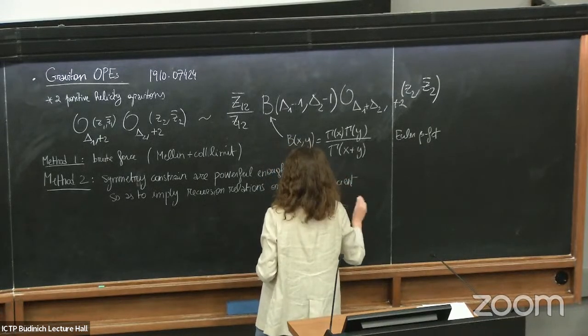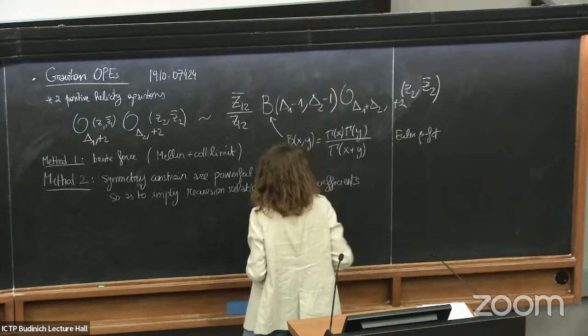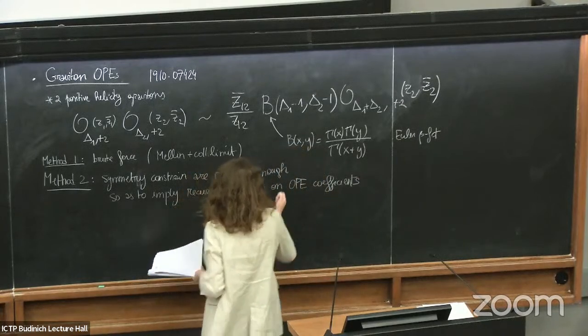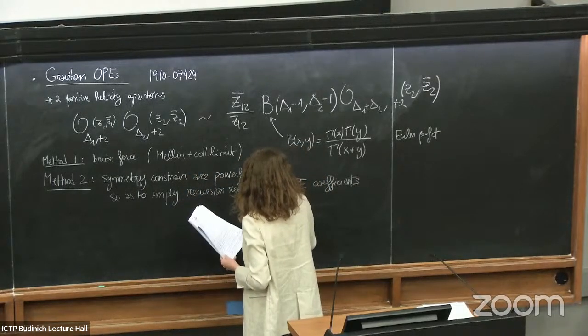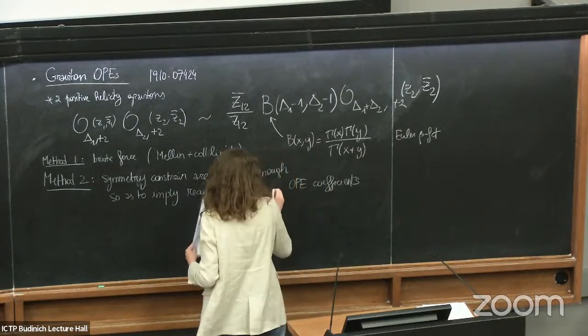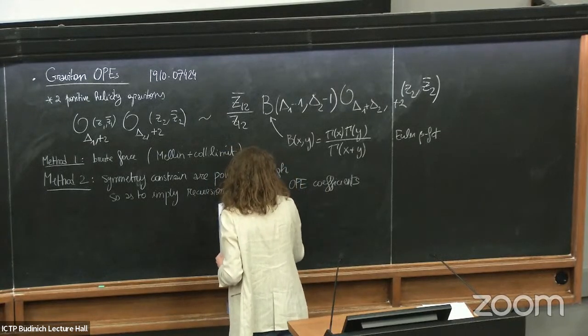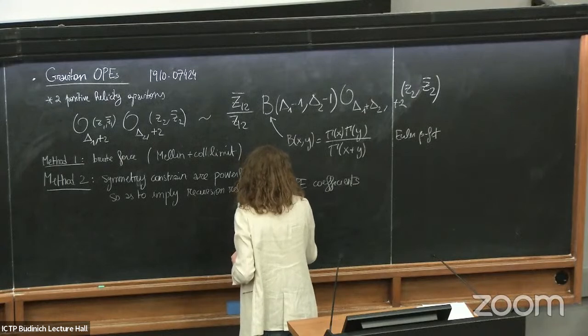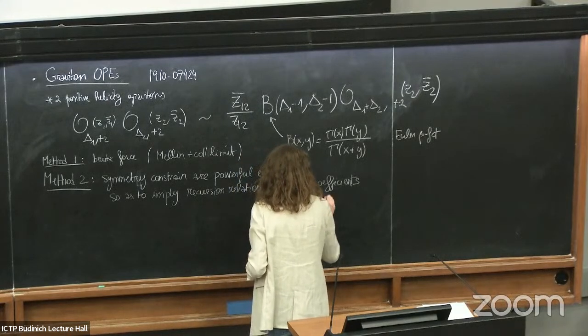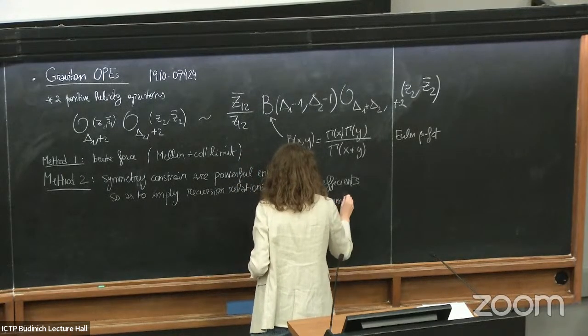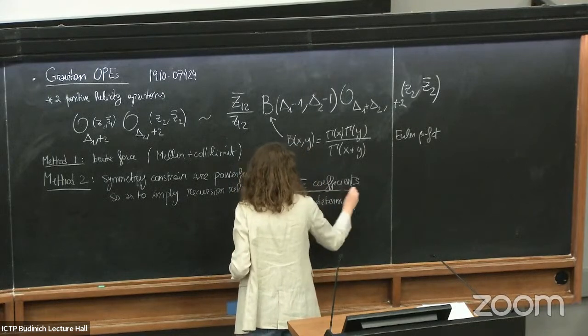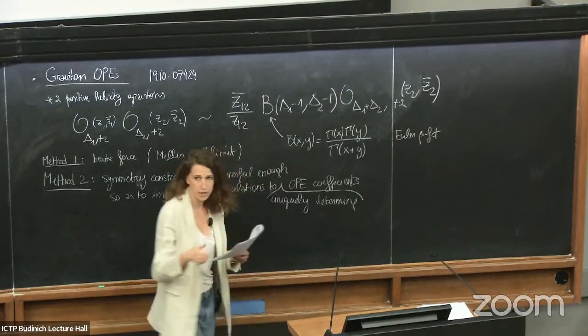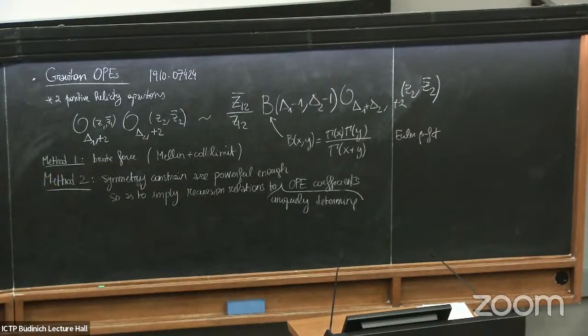So as to imply recursion, the OPE coefficient. Actually, to uniquely determine the OPE coefficient, the symmetry you need in this case is translation invariance, and you need the leading subgraviton theorem.